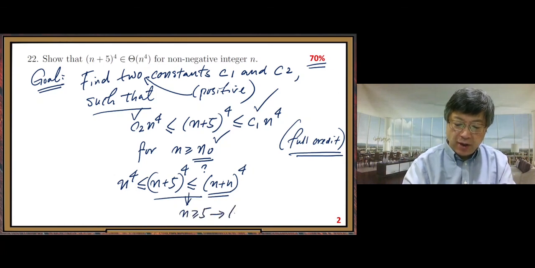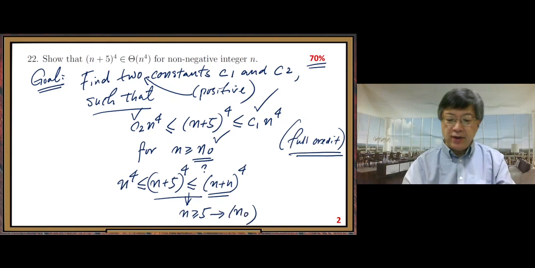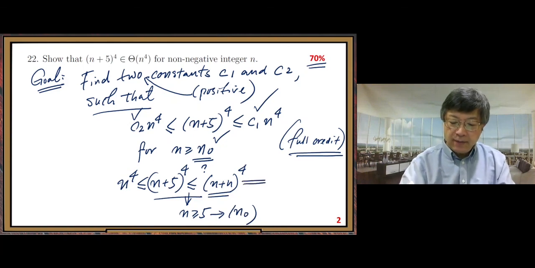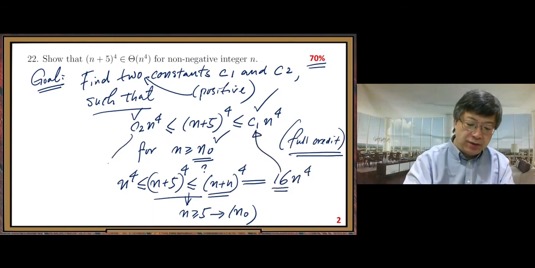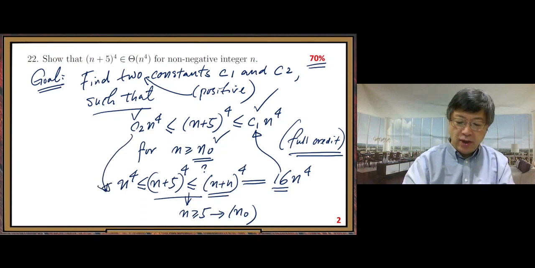So this is our n0. Then simplify to 16 n to the fourth. So that's C1, C2, n0. You get everything here.